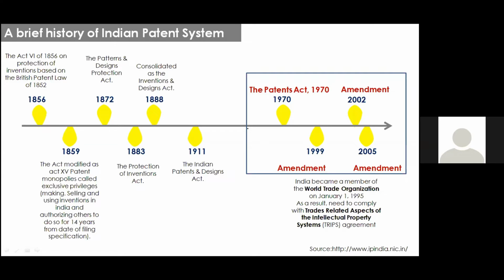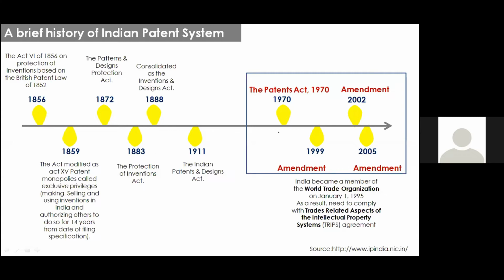So we will look into the brief history of the Indian patent system. The foundation of the Indian patent system was laid in the British colonial time in 1856, which was subsequently modified several times before independence. At the time of independence, India inherited the Patents and Designs Act, which was published in 1911 during the British colony, and which provided protection to all inventions except inventions related to atomic energy.